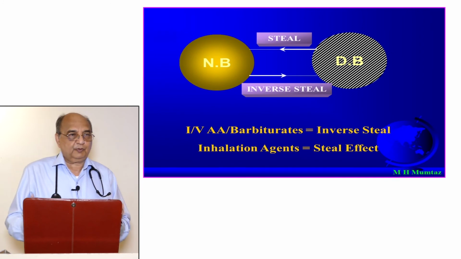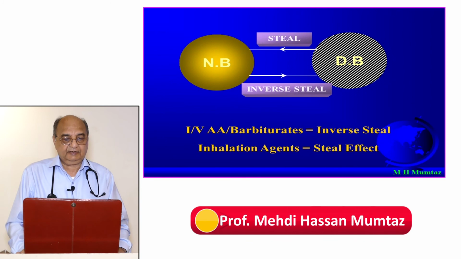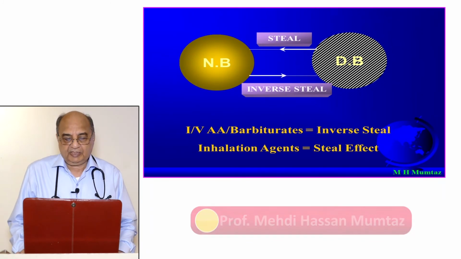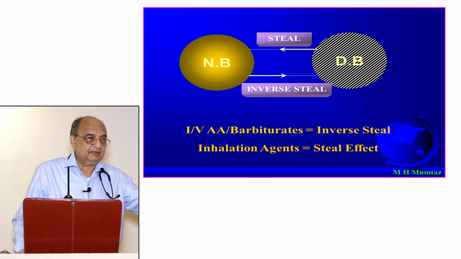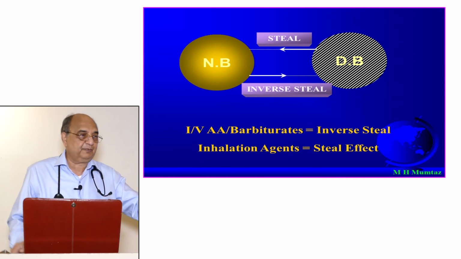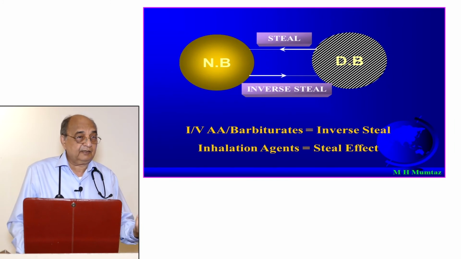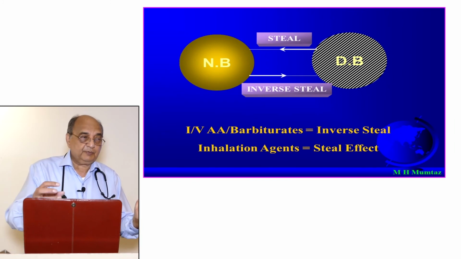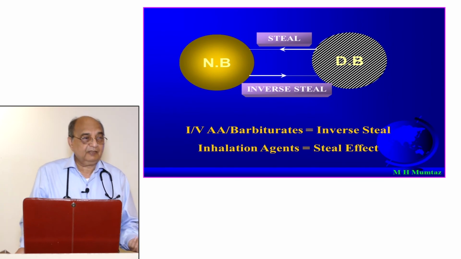These are the two terminologies which some people get confused. Intravenous anesthetic agents like propofol or barbiturates cause inverse steal because they cause vasoconstriction, so the blood is pushed to the diseased part of the brain. Inhalation anesthetic agents cause vasodilatation, so blood is directed away from the diseased part towards the normal brain. So that's called the steal phenomenon.